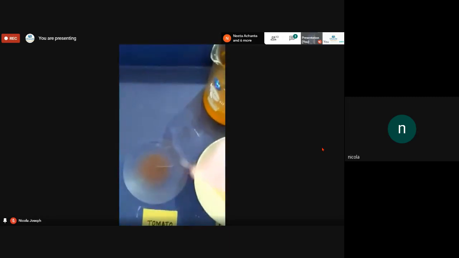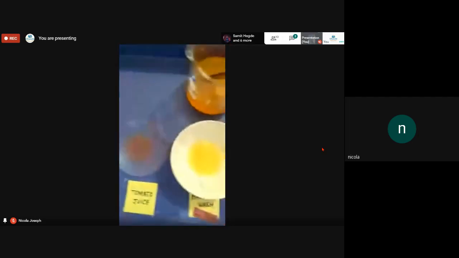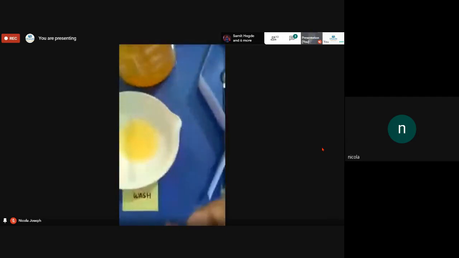It's a slight pink color. Okay, maybe you all are unable to see it. But tomato juice contains oxalic acid, so it will change.